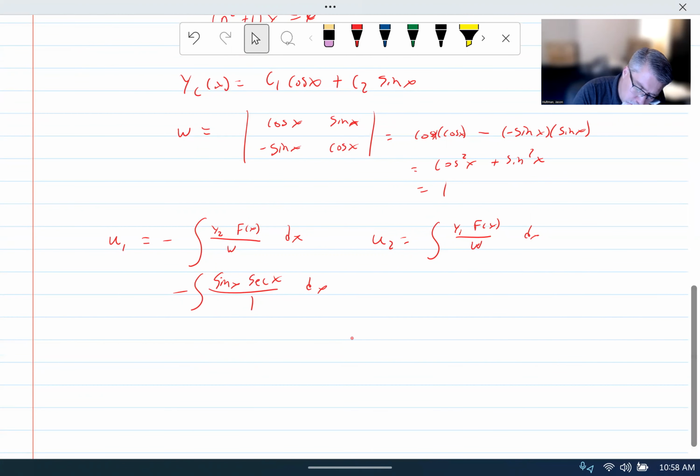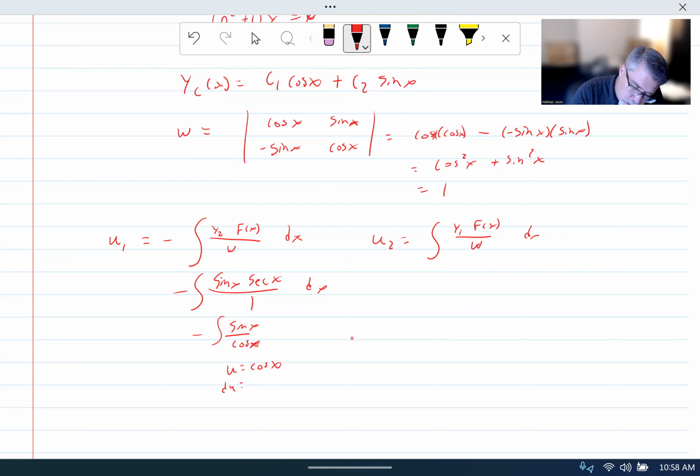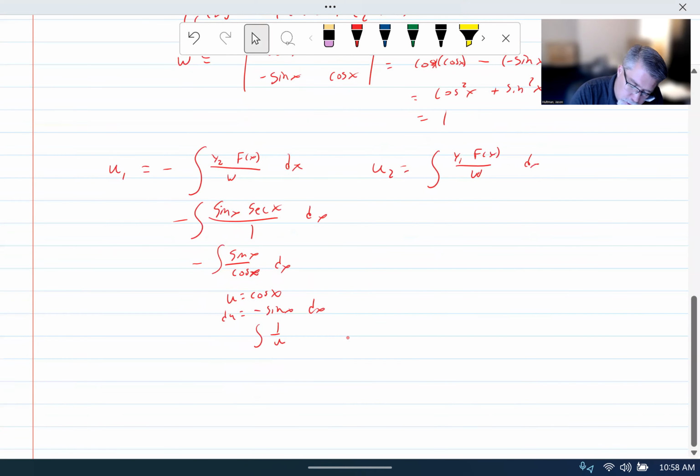So this is going to end up being sine x over cosine x. Okay, negative. So if I let u equal cosine x, I get du equaling negative sine x dx. Then this just becomes the integral of 1 over u, which is just the natural log of u.